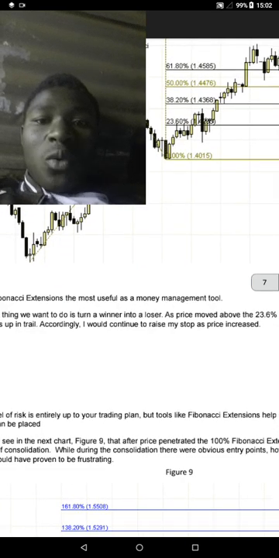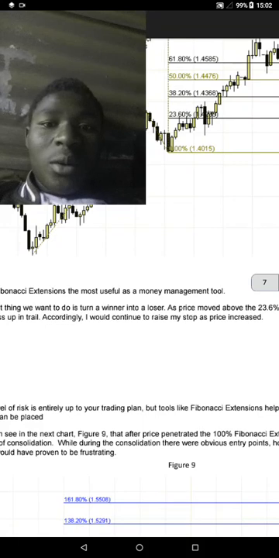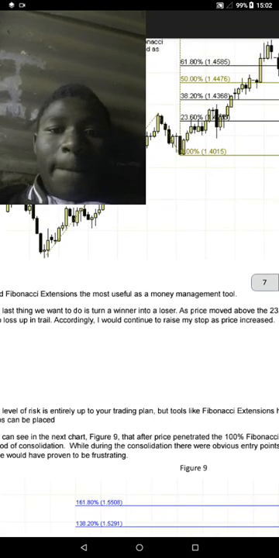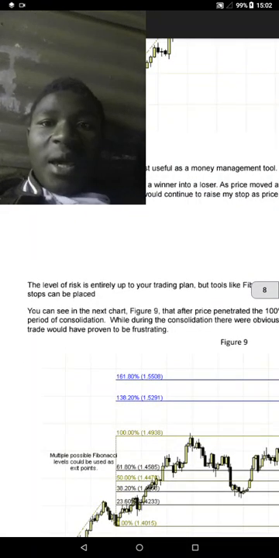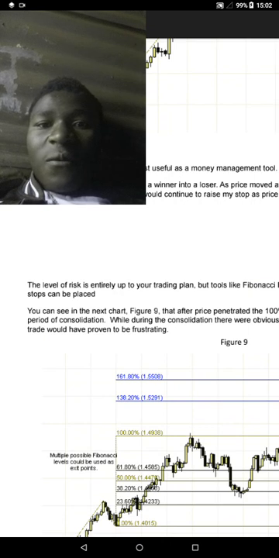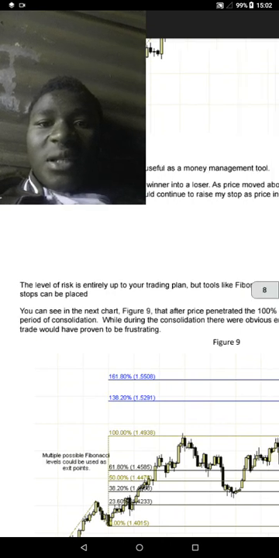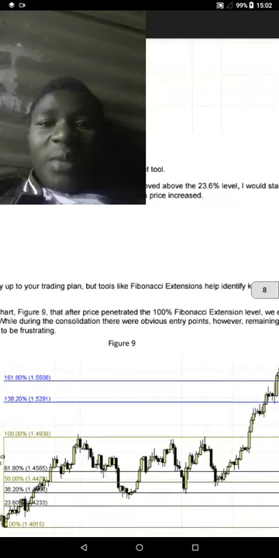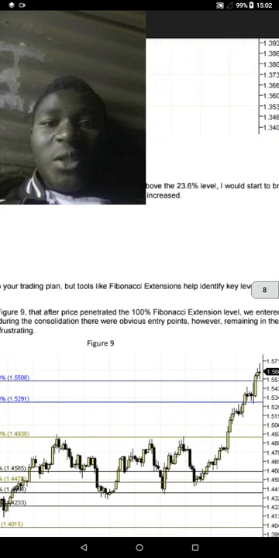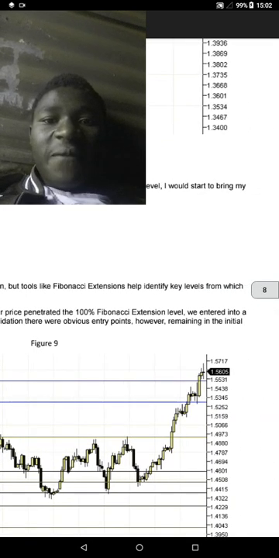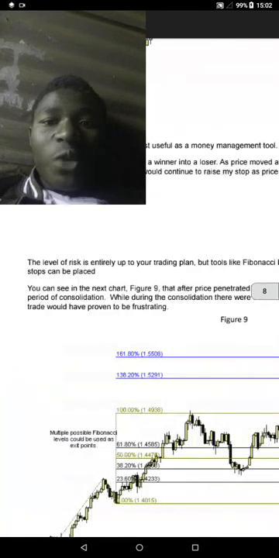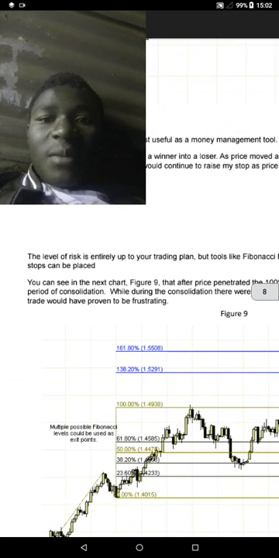Accordingly, I will continue to raise my stop as price increases. The level of risk is entirely up to your trading plan, but tools like the Fibonacci extension help identify the key levels from which stops can be placed.